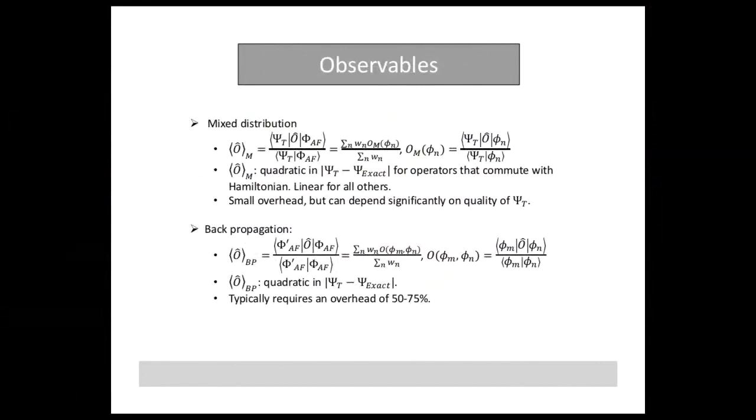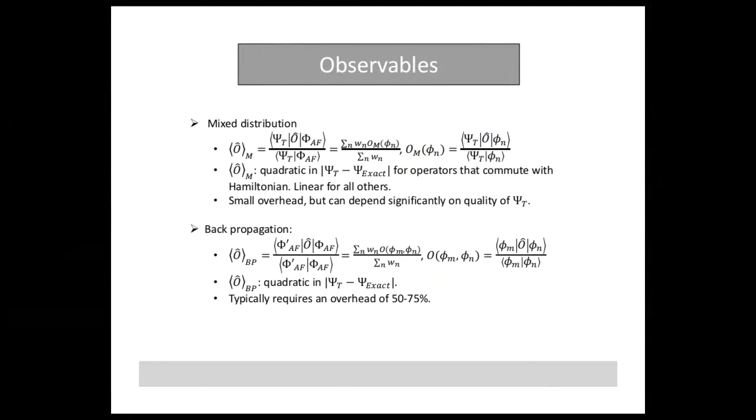Okay, what about observables? As I mentioned, there are two ways of getting observables. You can do the mixed distribution. This would be quadratic in the quality of the trial wave function. This is a little bit of a cartoonish way of saying quality of the trial wave function. The better the trial wave function, of course, in the limit of an exact trial wave function, you have zero error.